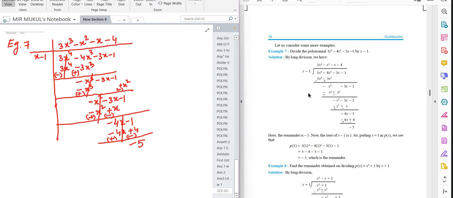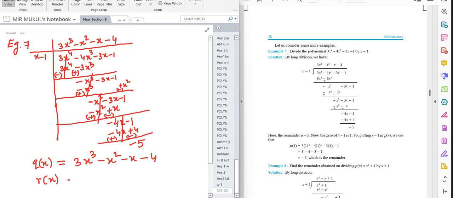So here they are asking to divide. So you write the answer: q(x), that means the quotient, we are getting 3x cube minus x square minus x minus 4, and the remainder, that means r(x), we are getting minus 5.